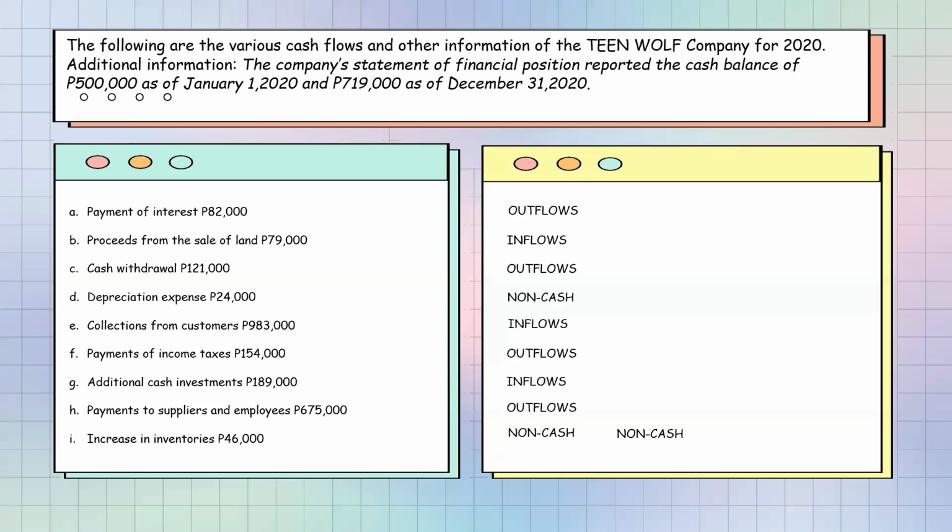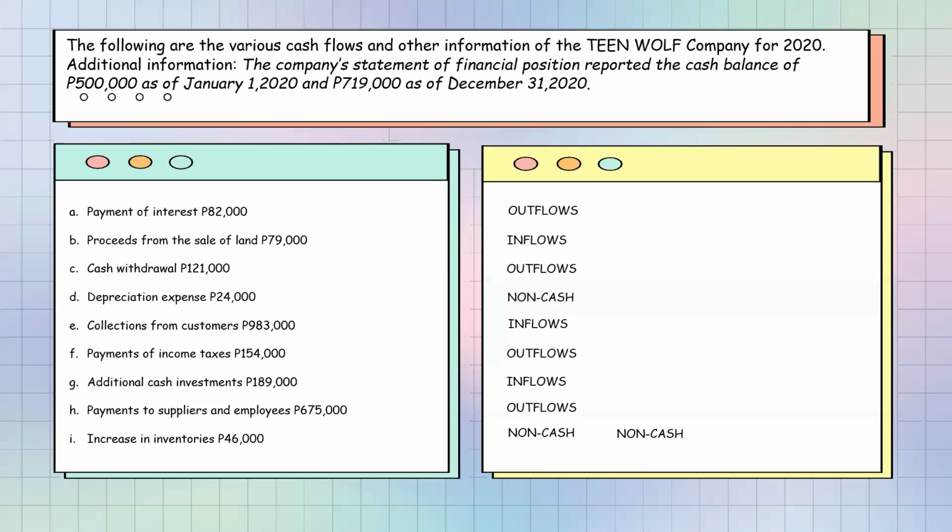Dito, sinabi lang naman niyang nag-increase yung inventory. Hindi natin alam if inutang ba yung inventory na binigay sa problem or binili. So, i-assume lang natin siya as a non-cash transaction since increase lang siya ng inventories.